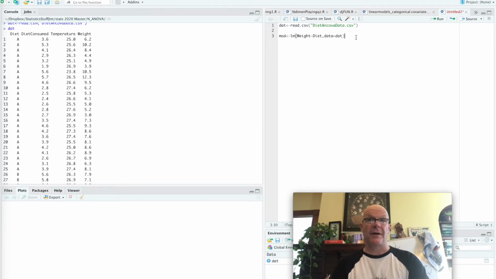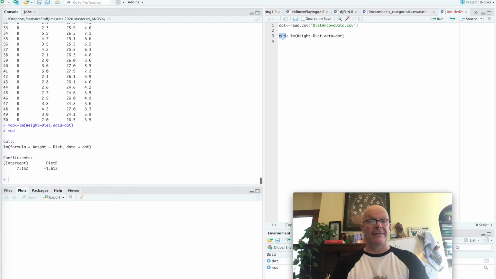I could run that, and now we have our model. We understand how to interpret these parameters. The intercept is going to be diet A because it is alphabetically the first factor level. Looking at these parameter estimates, we can see that on diet B, on average, those caterpillars weigh 1.612 less than on diet A, which is 7.152. We could remind ourselves what it looks like behind the scenes by using that model matrix function.